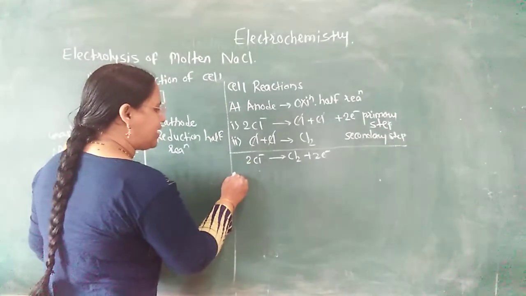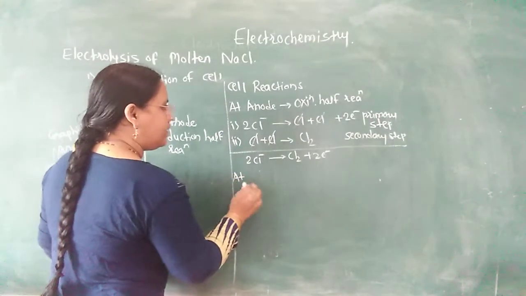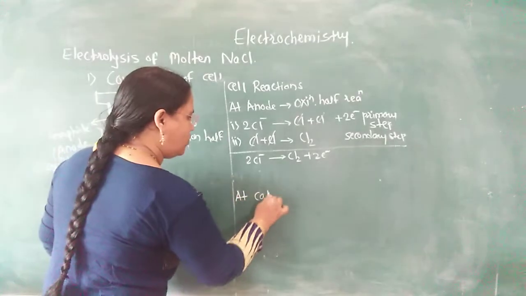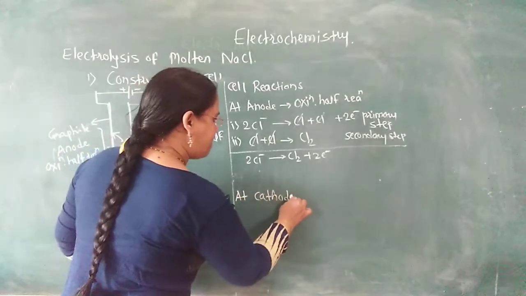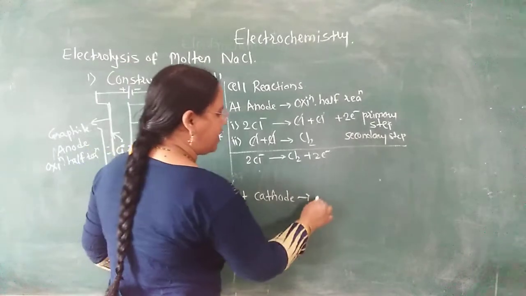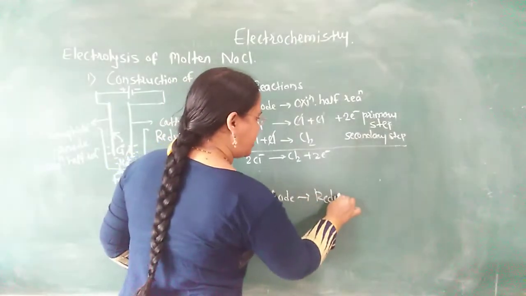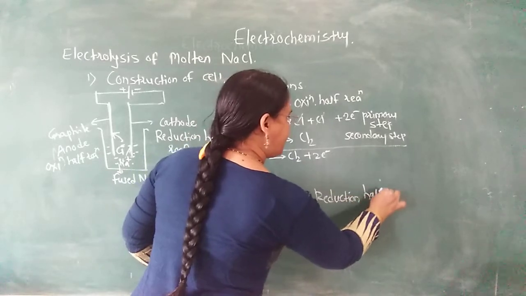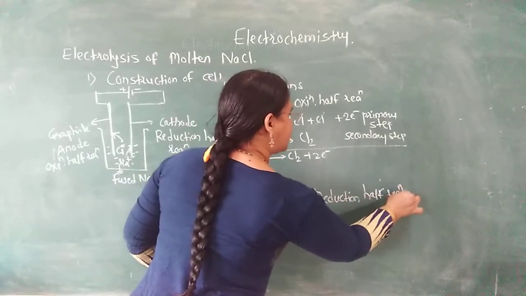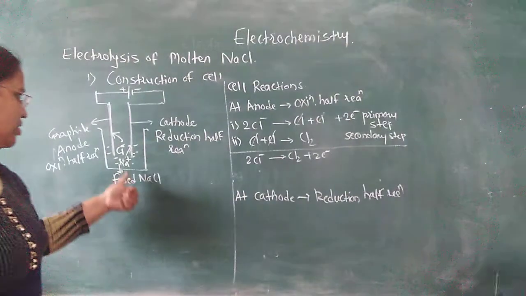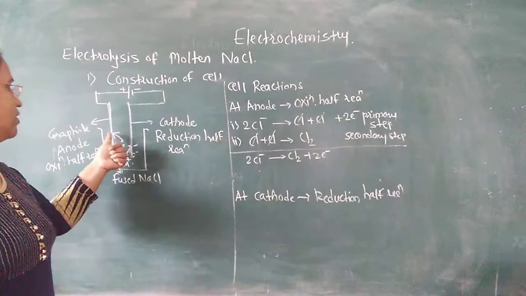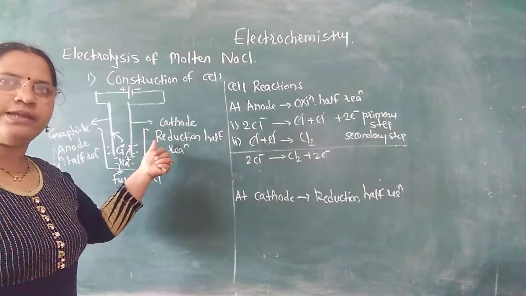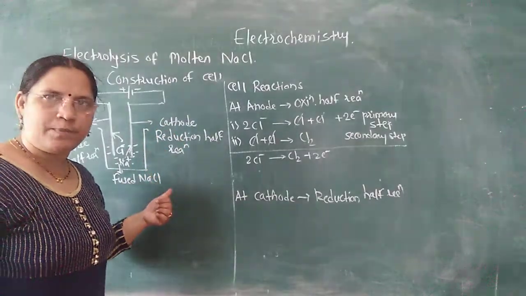Second, reaction at cathode. Which reaction occurs at cathode? The reduction half reaction. Which species undergoes reduction? Na+ ion. The electrons move from the anode towards the cathode, and at the cathode they are gained by the Na+ ion.